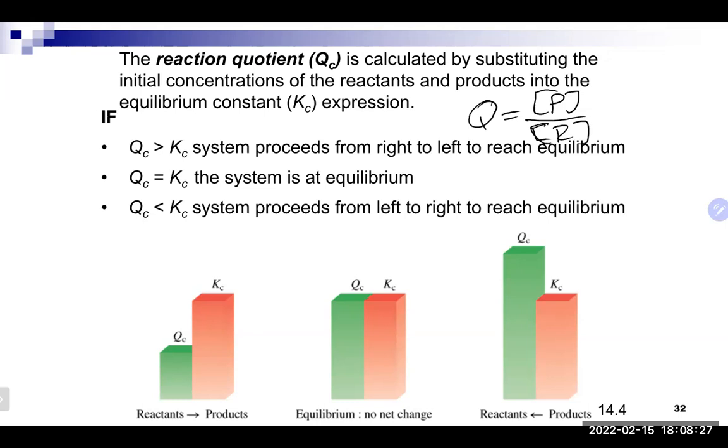So a basic Q problem determines two things. The first is, are you at equilibrium? The second is, if you are not at equilibrium, which way do you need to go to reach equilibrium? Do you need to make more products, or more reactants? That's your basic run-of-the-mill Q problem.